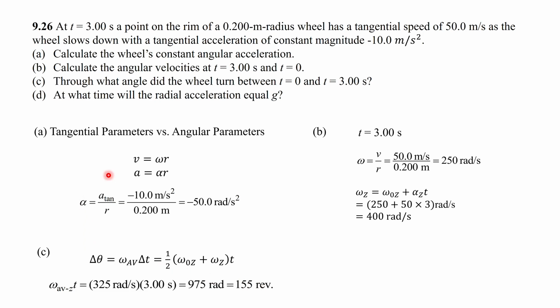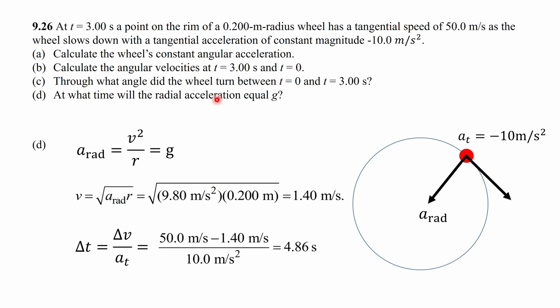The question is, at what time will the radial acceleration equal g? So here is another acceleration. To make clear what this acceleration means, I just sketch a diagram here. For any circular motion, there are 2 kinds of acceleration.